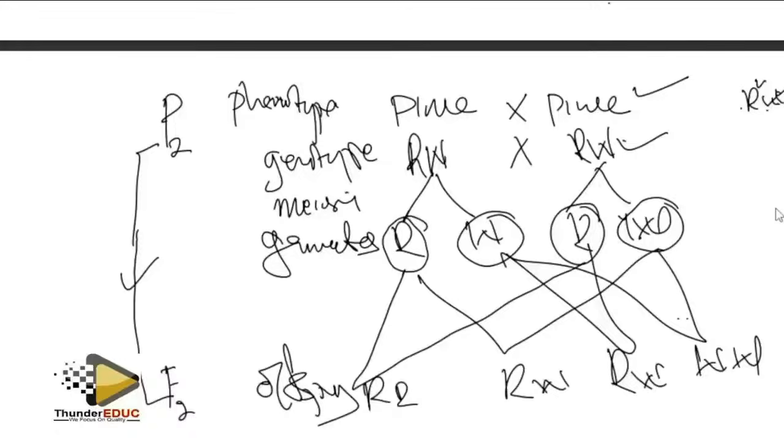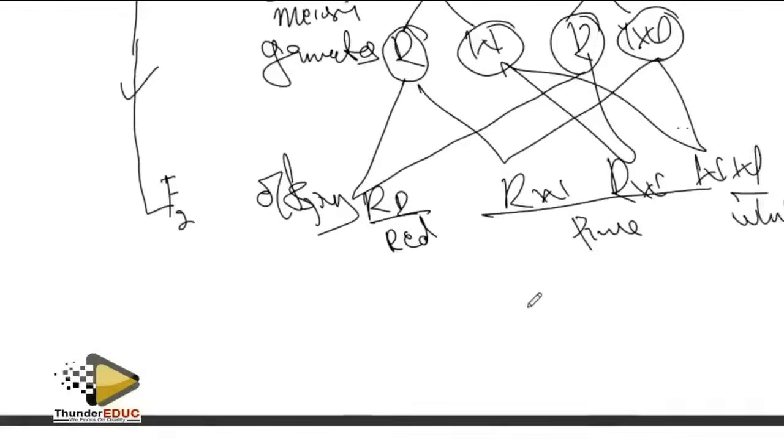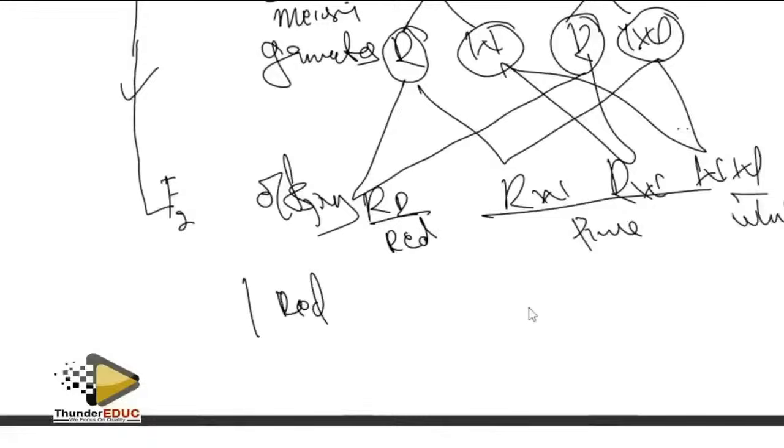Now, if those are offspring, this is red, this is pink, and then this is white. Meaning that I will have one red, 2 pink, and then 1 white.